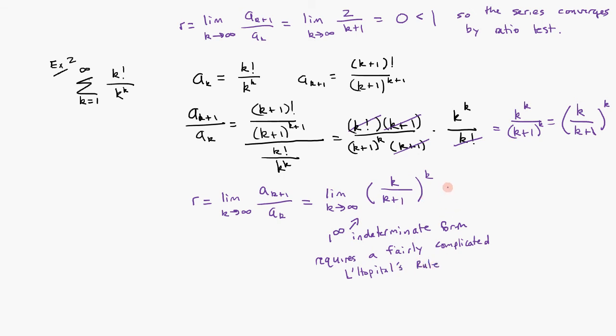I'll skip some of the details, but if you compute this, it is equal to 1 over e, which is smaller than 1, and so this series converges. Okay, so we saw some examples of using the ratio test.